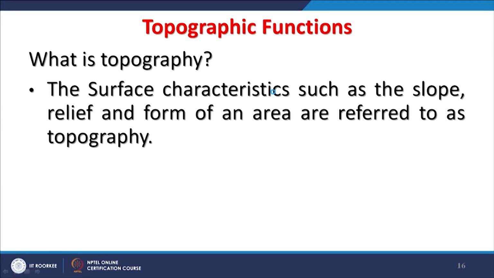For example, slope, relief or form of an area are referred to as topography. Sometimes we say this is hilly terrain. On what basis do we say hilly terrain? Because there are undulations. There are peaks, there are ridges, there are valleys. So then we say it's a hilly terrain.